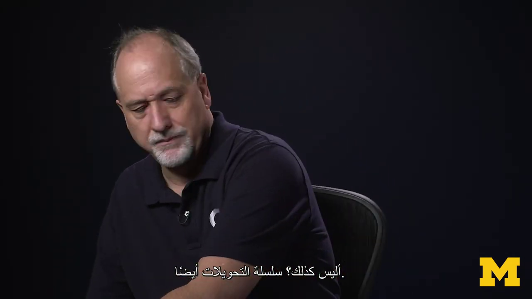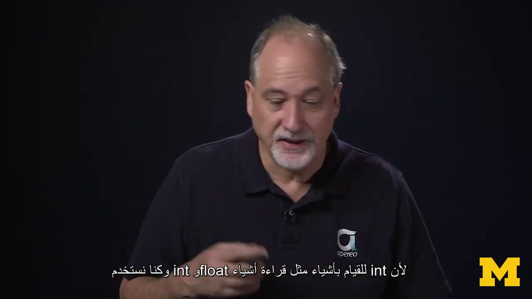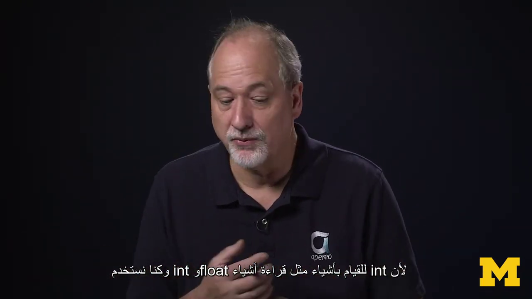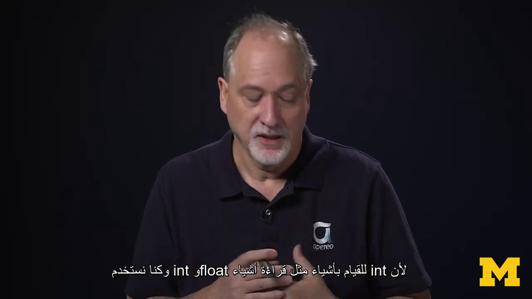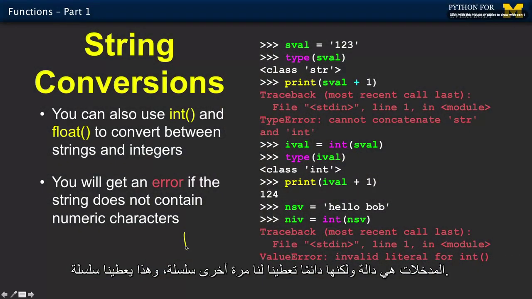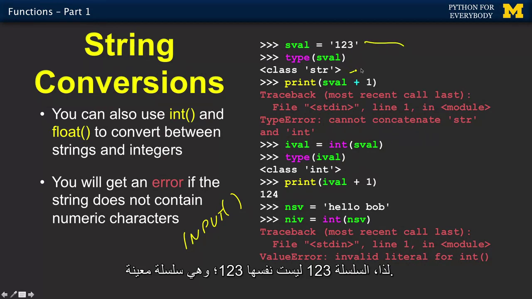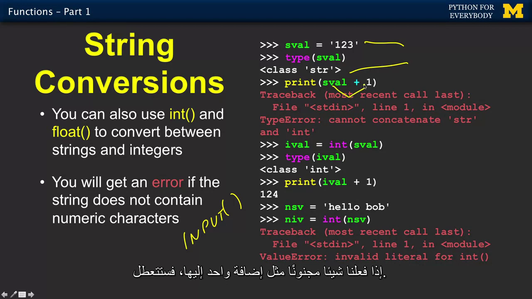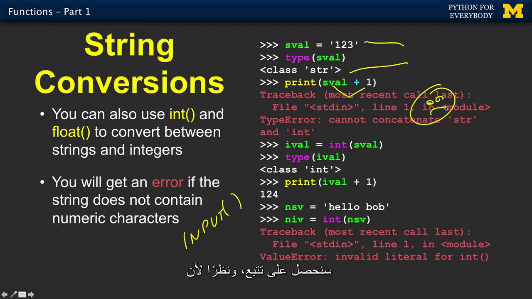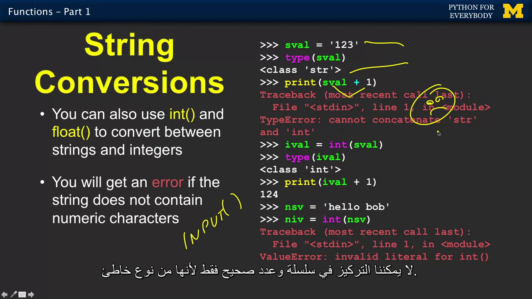String conversions as well. We have been using int and float to do things like read things in, because input is a function, but it always gives us back a string. We might want to use this as a number. So the string 123 is not the same as 123. That is a string. And if we do something crazy like add 1 to it, boom, we get a traceback, because we can't concatenate a string and an integer just because they're the wrong type.